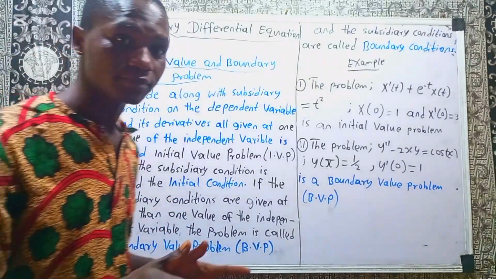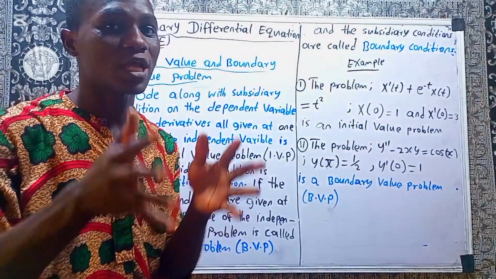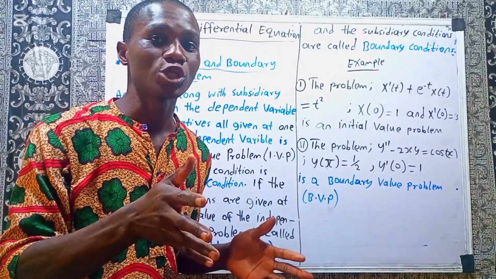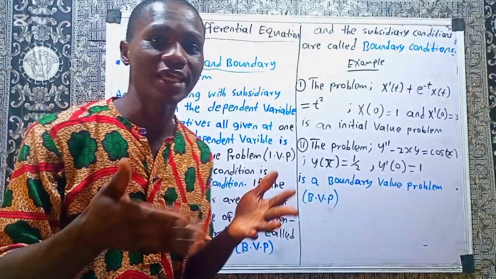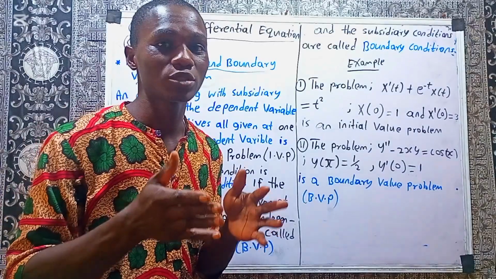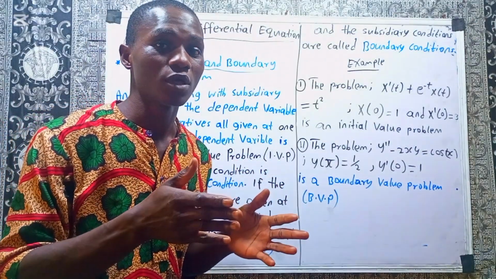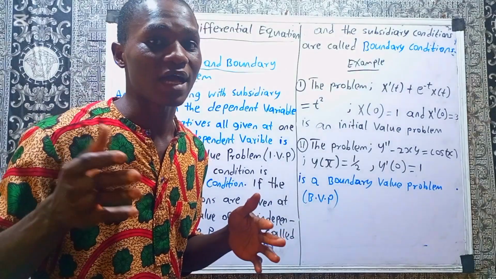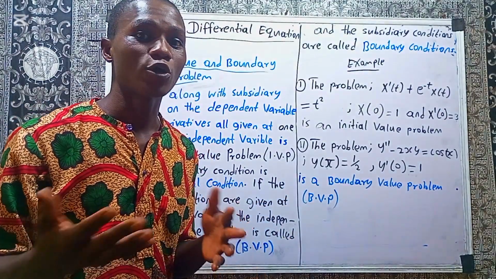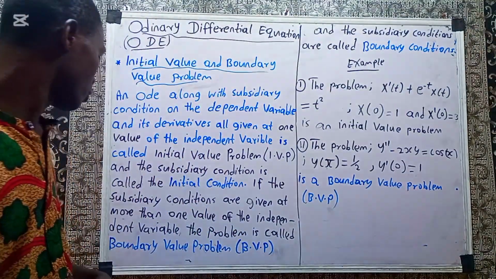But if you are solving an ODE problem and there is a condition attached to it, and we normally attach the condition on the dependent variable and its derivative, now if that condition is given at more than one value of the independent variable, then we are going to call such an ODE problem a boundary value problem.